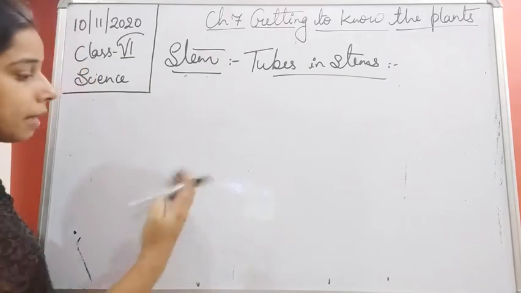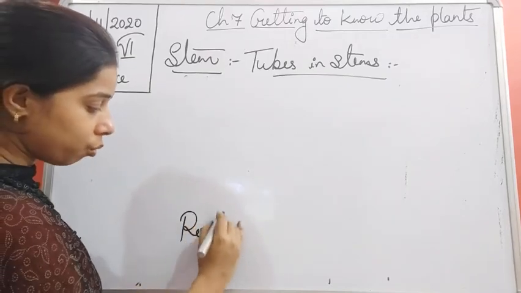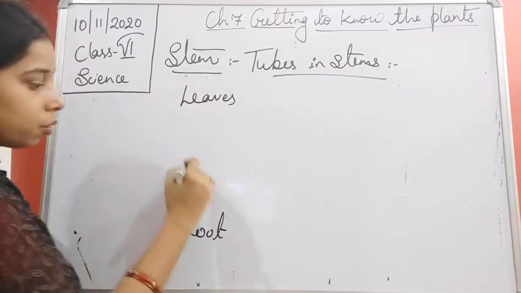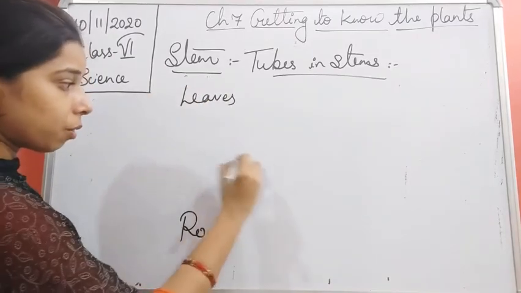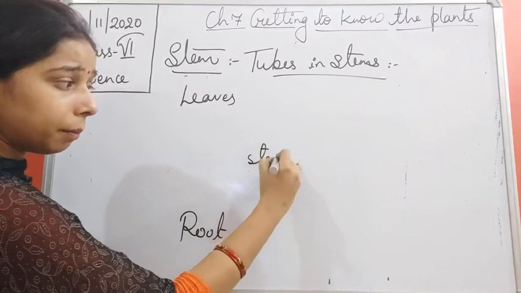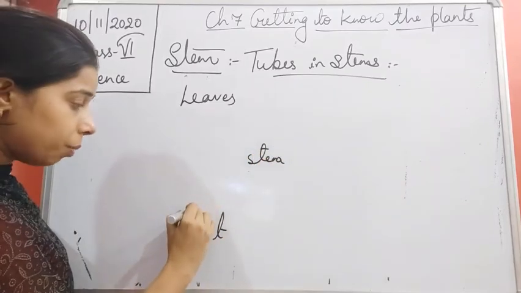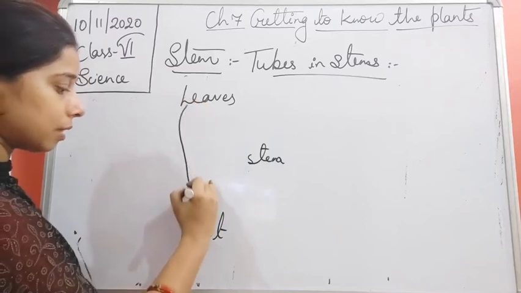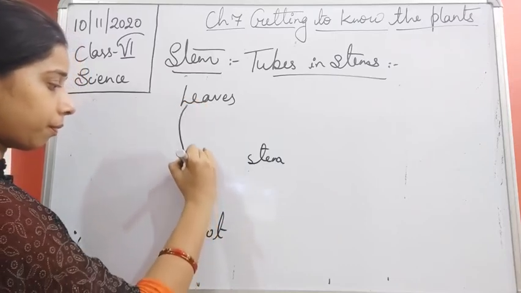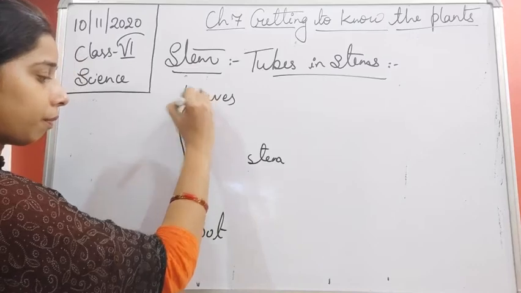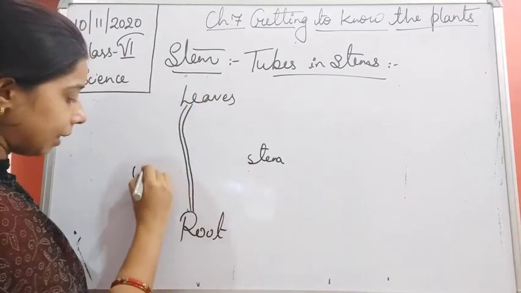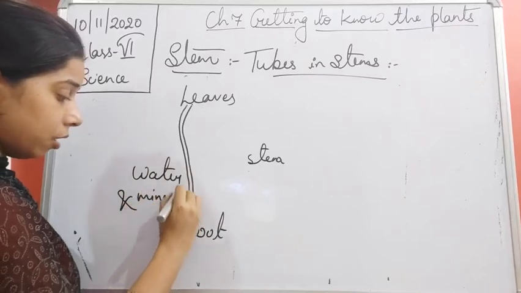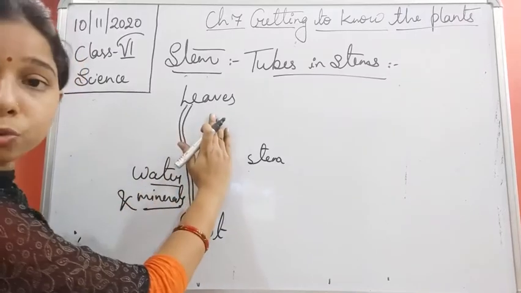So, students, if this is the root and this is the leaves, and in between is the stem only, one tube starts from the root and enters into the stem. Here it is carrying the water and minerals.